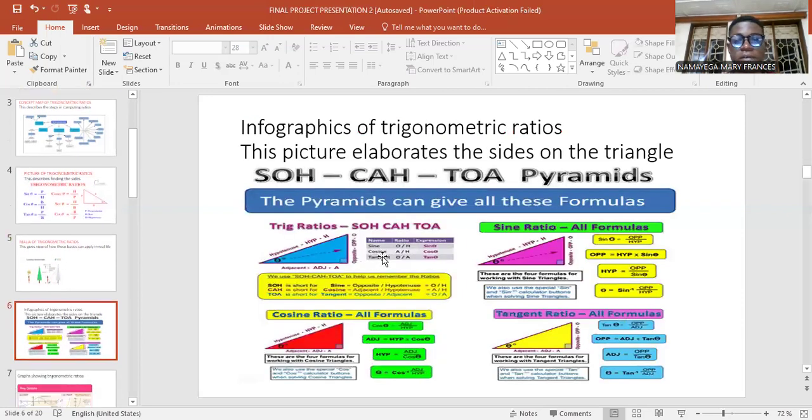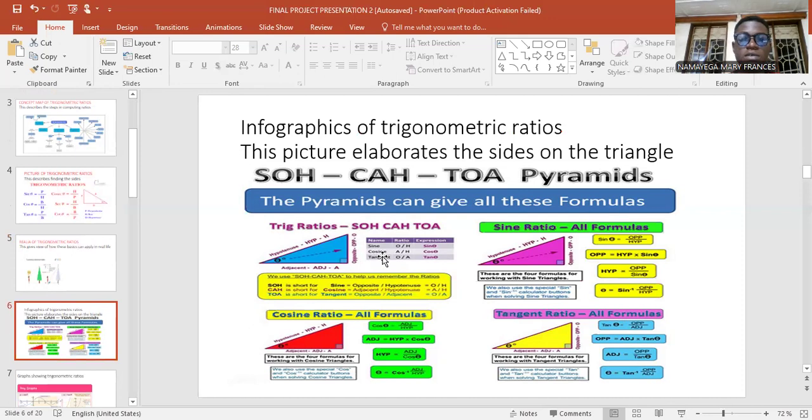Then we have the infographics. It has the different formulas for finding the angles of the trigonometric ratios. So as we saw in the concept map, it was giving a clear insight of each and every part. So the infographics is showing us the abbreviation of how we can find and memorize this.